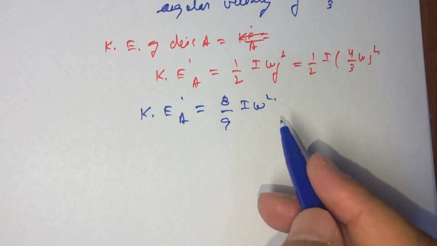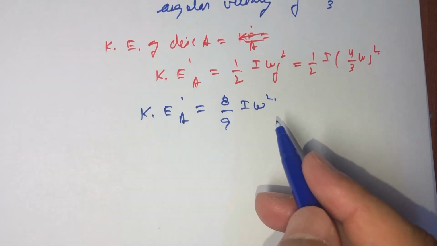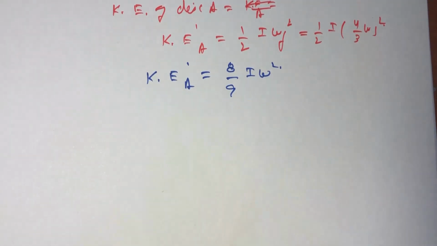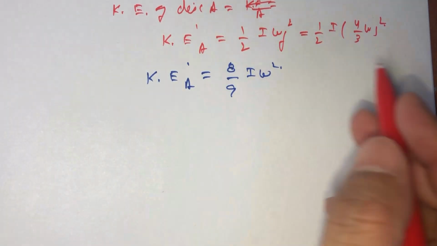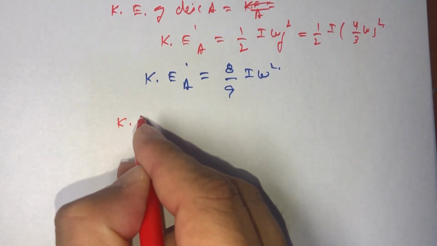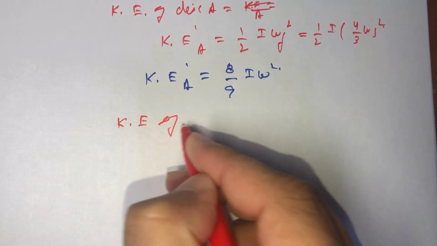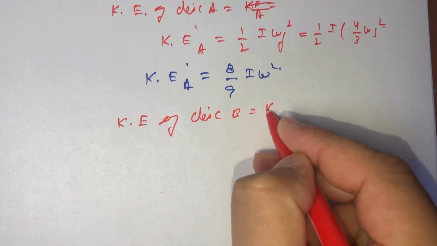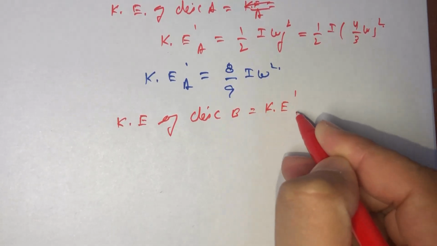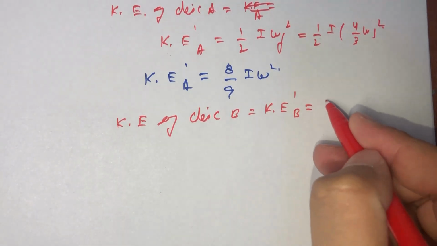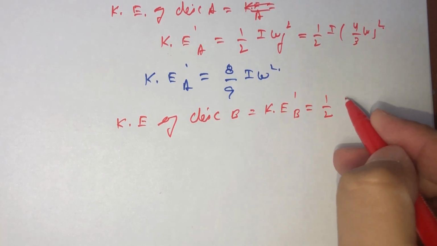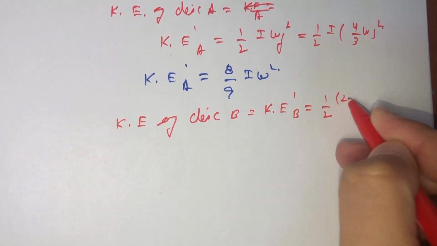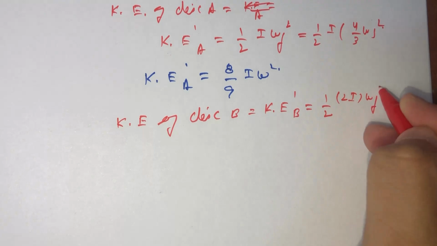Similarly, we get kinetic energy for disk B. Kinetic energy of disk B, KB prime, is equal to half, moment of inertia is given as 2I, and omega f square.